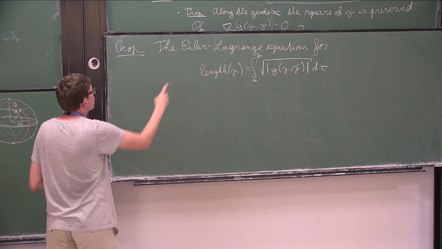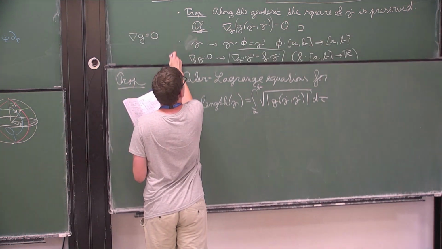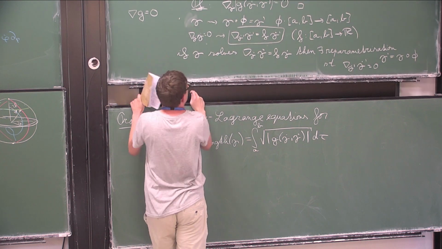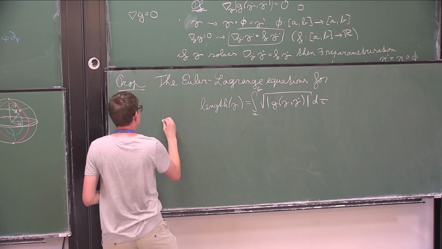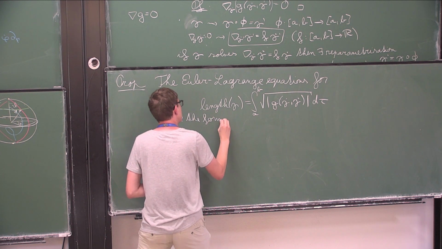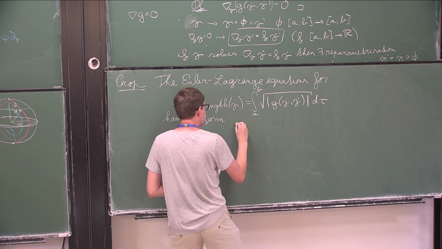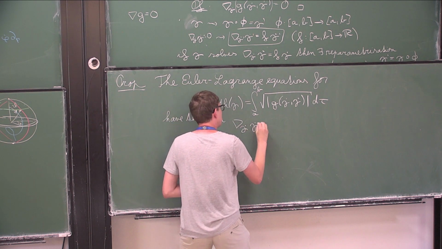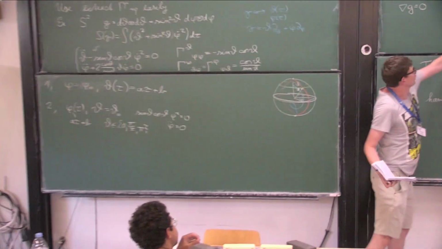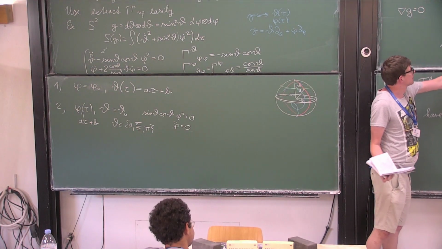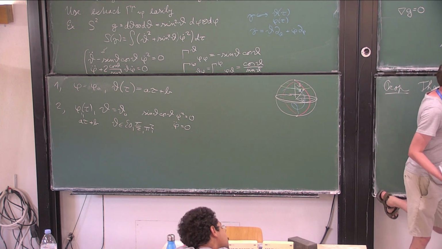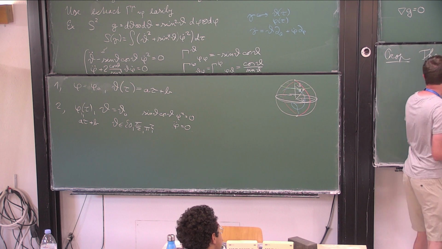So the Euler-Lagrange equations for this guy have the form, unfortunately these are not geodesic equations, but they will look like this. And by our preceding discussion, we know that this is actually a geodesic in disguise. It's just geodesic with a potentially wrong parameterization.